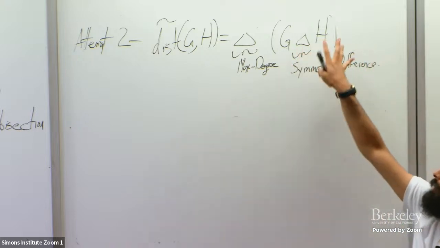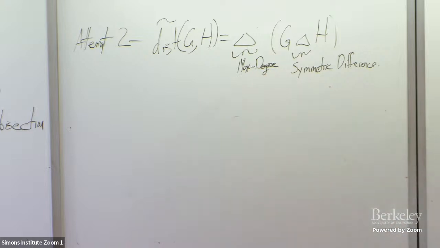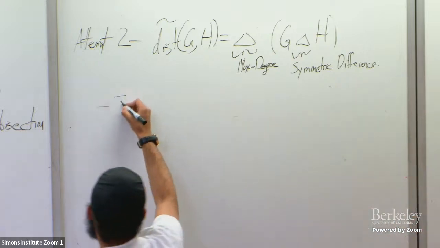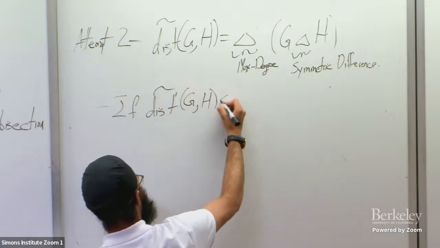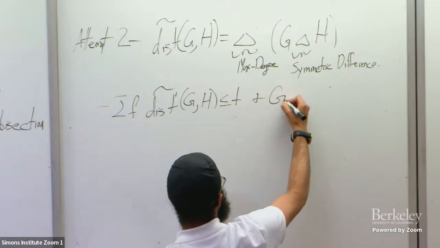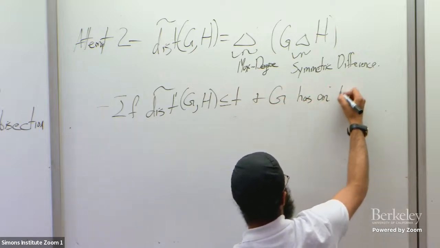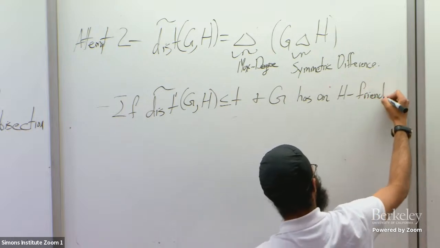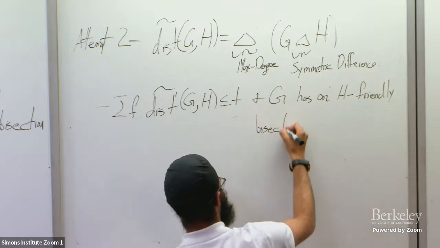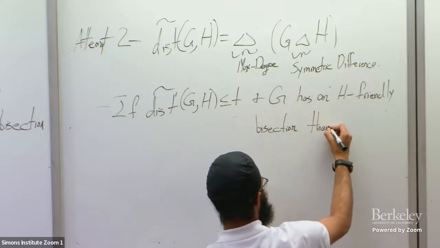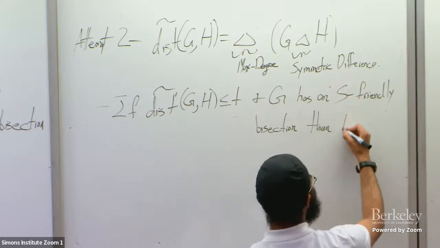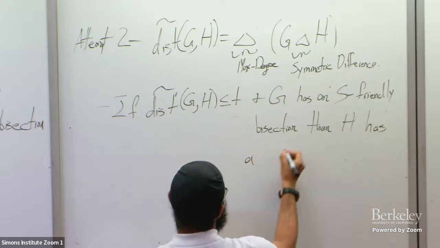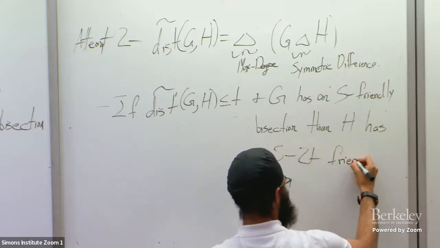So these are graphs. I look at the symmetric difference. I look at the max degree. The reason this is maybe the right metric, if you care about this problem, is that if this distance is small, and let's say G has an H-friendly bisection, then H has a S minus 2T friendly bisection.